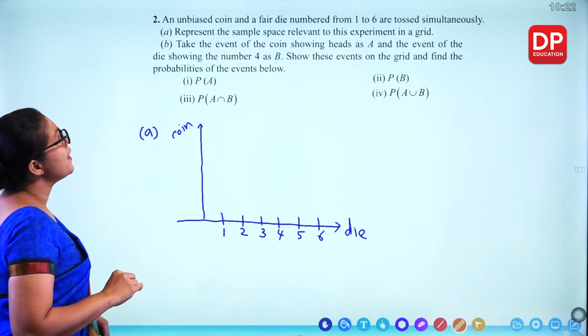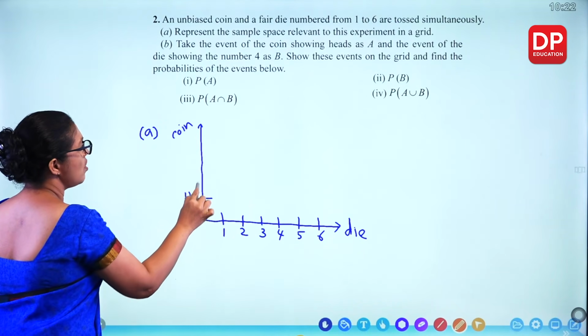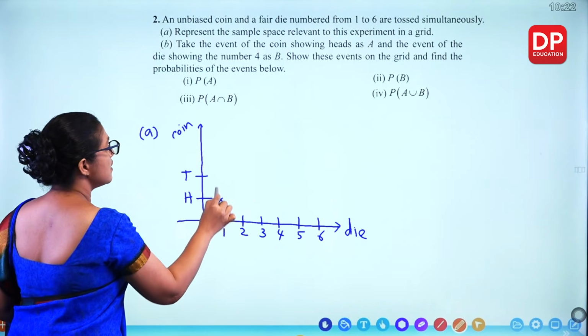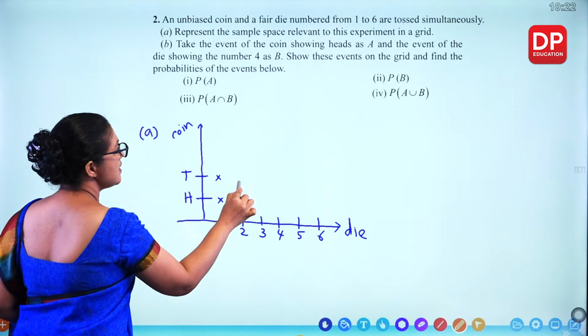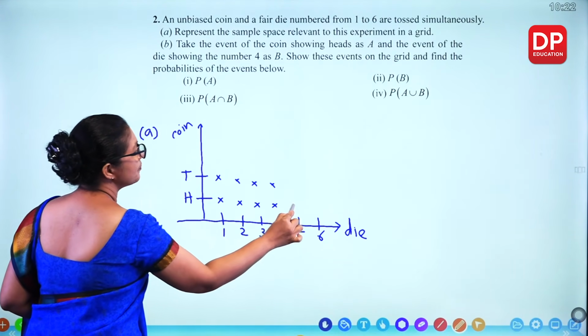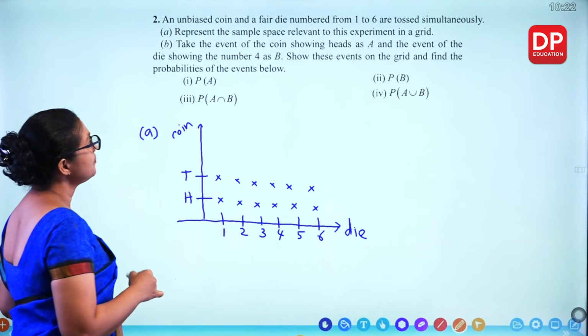And what about the coin? Coin, you get 2 sides, heads or tail. So what are the possible outcomes? We get these outcomes, altogether 12. 12 possible outcomes are there.